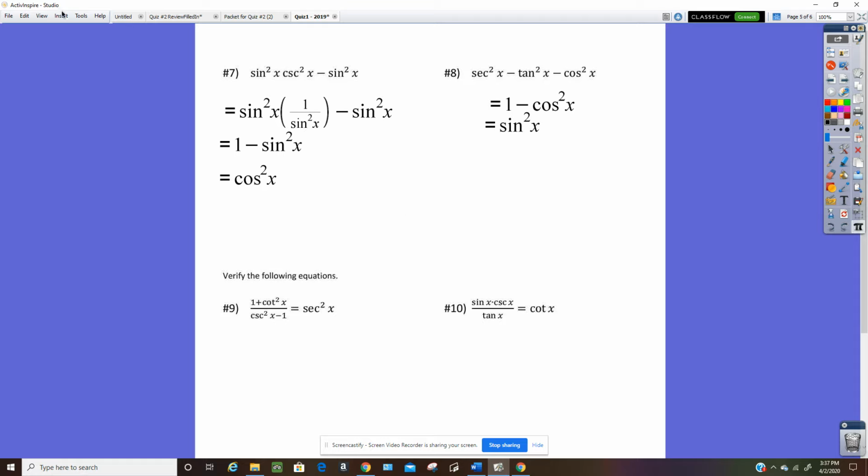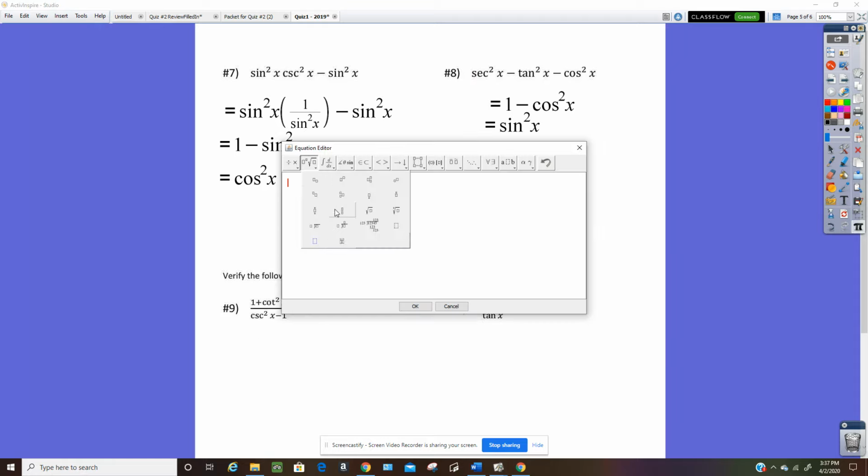So you have cosecant squared over cotangent squared.